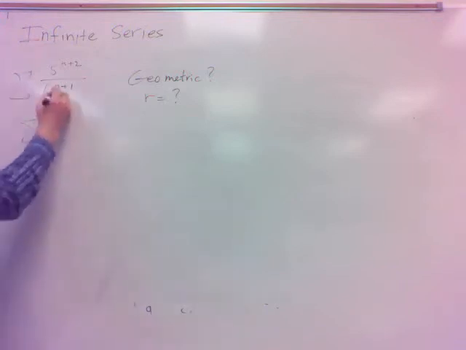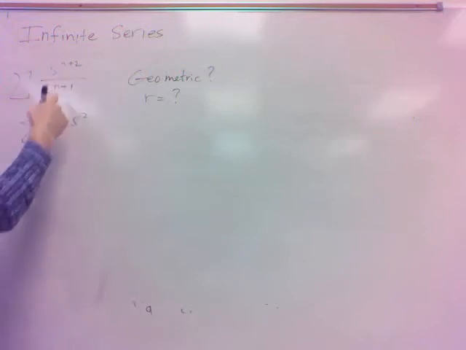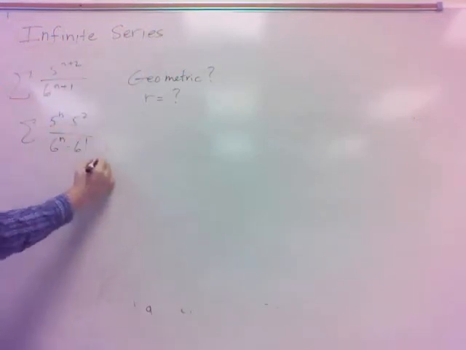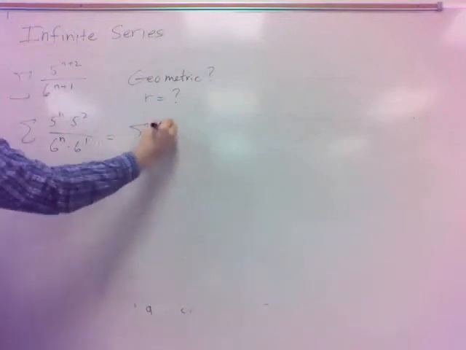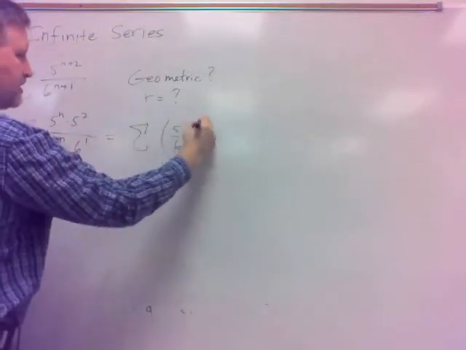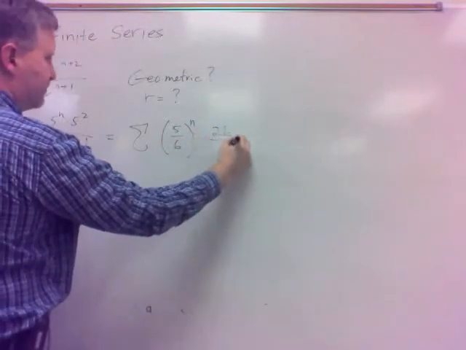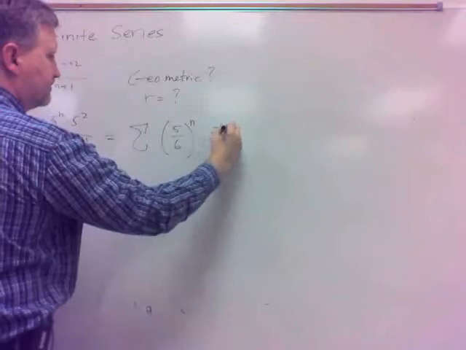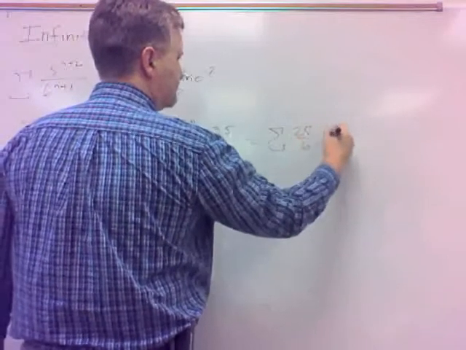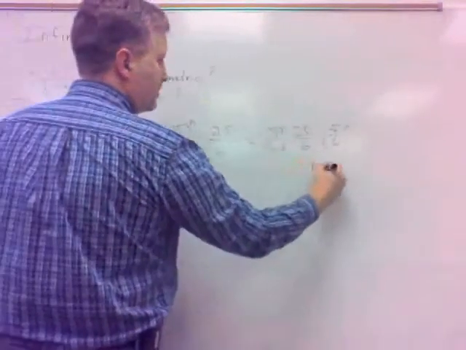Yeah, if I do what I did, 5 to the n plus 2 is 5 to the n times 5 to the second. This is 6 to the n times 6 to the first. So if I write that in my normal a sub n geometric series format, yeah, I'm with you there. It is 5 over 6. Yes, it's geometric. This is the ratio R, isn't it?